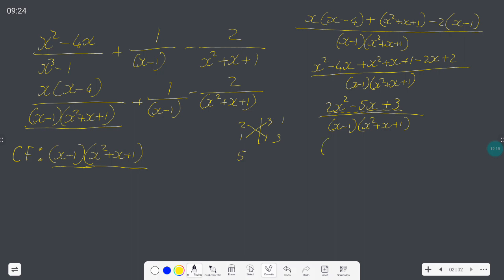So, I've got 2x, x. Both of them must be negative. So the 2 must multiply by negative 1, and this one is negative 3. Okay. All of this over x minus 1, x squared plus x plus 1.